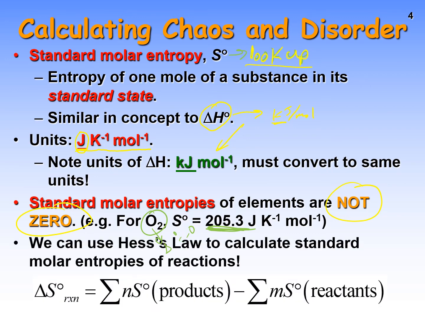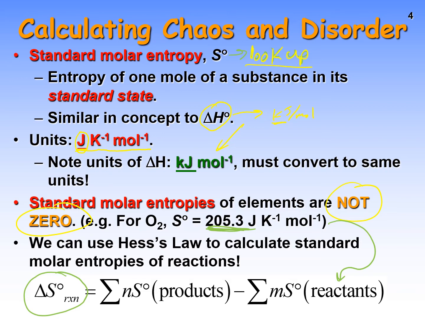Just like with delta H naughts of formation, we can use S naught values in that same Hess's law equation to solve for the entropy of a process. Generally the process we care about, since we're taking a chemistry class, is a reaction.